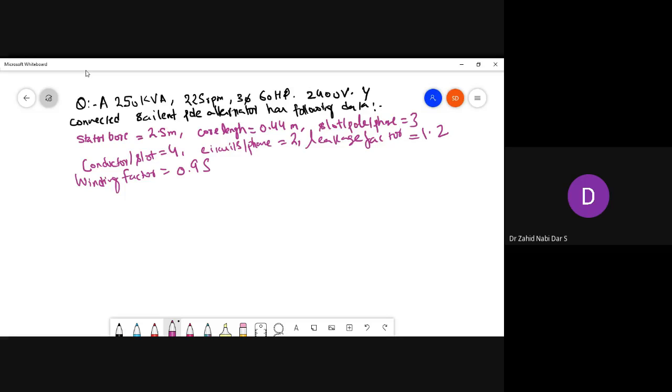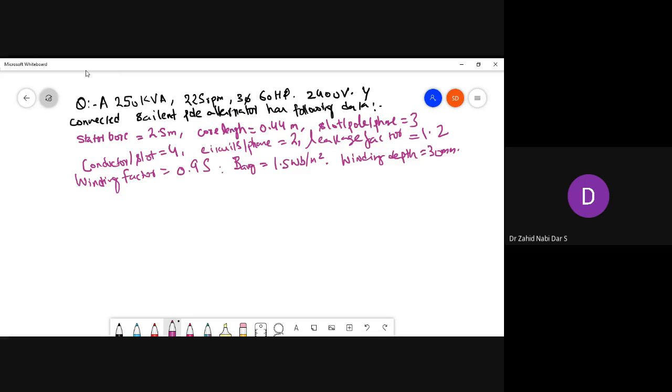The average flux density B is 1.5 Weber per meter square. The winding depth is equal to 30 mm.